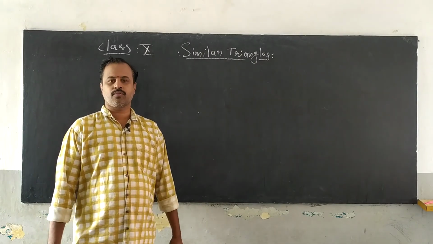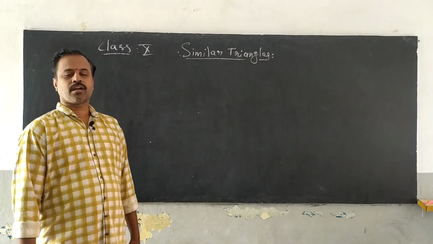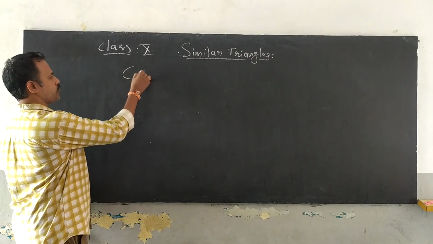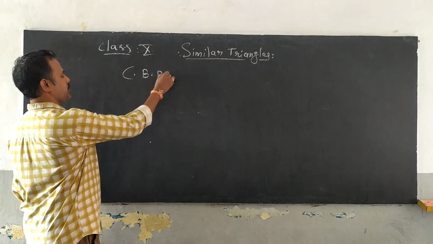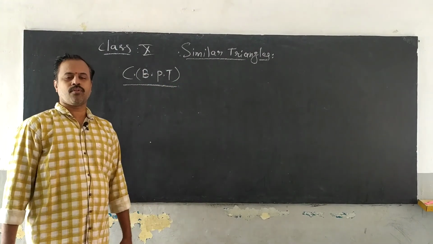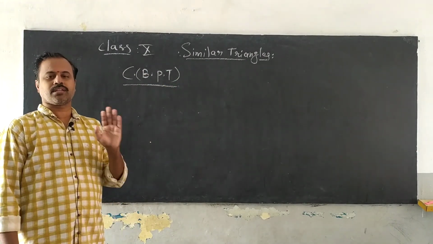The second one we are going to learn today is the converse of the basic proportionality theorem, which we call in short form CBPT, that is, converse of basic proportionality theorem.